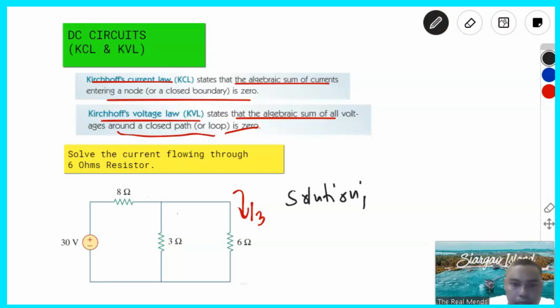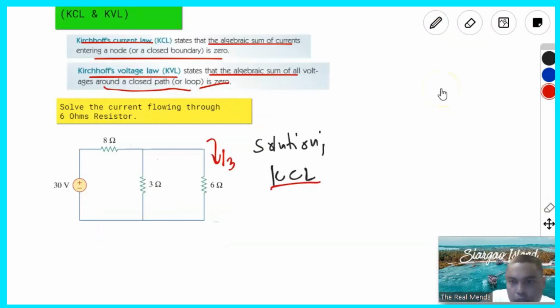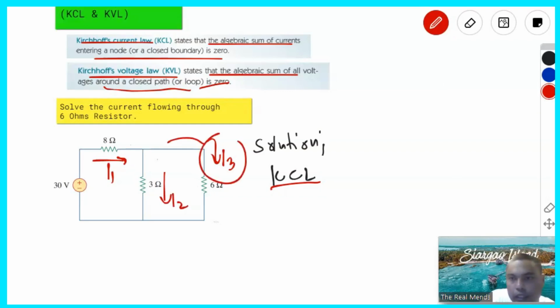Okay, so first is let's use the KCL condition. Assume that this current flowing through the 8 ohms, we call that as I1, and then the current through this, that is I2, and then from here, that is the I3.